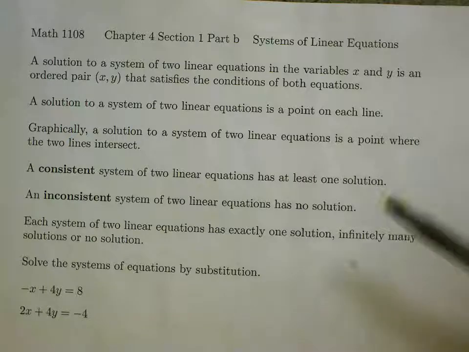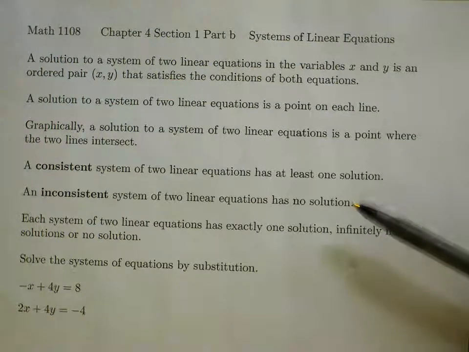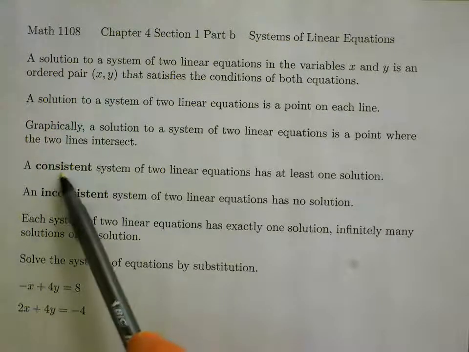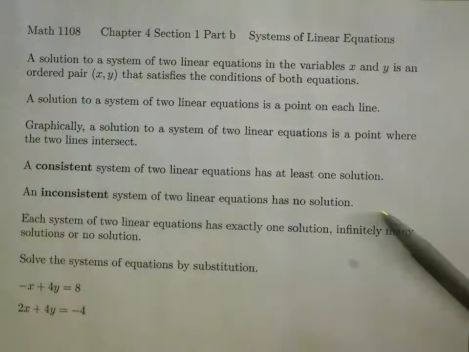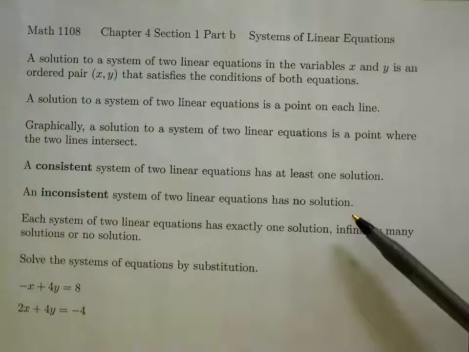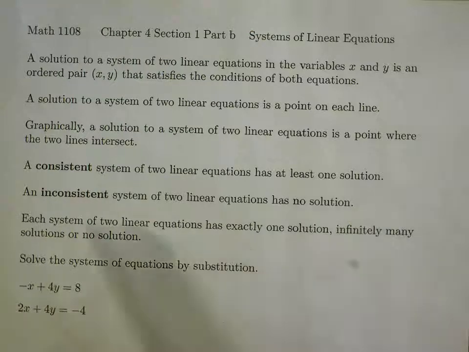We say that a system of 2 linear equations is consistent if it has at least one solution. If there is no solution, then the system is inconsistent.